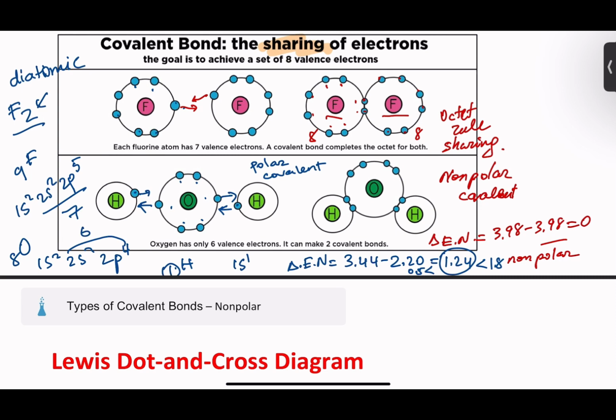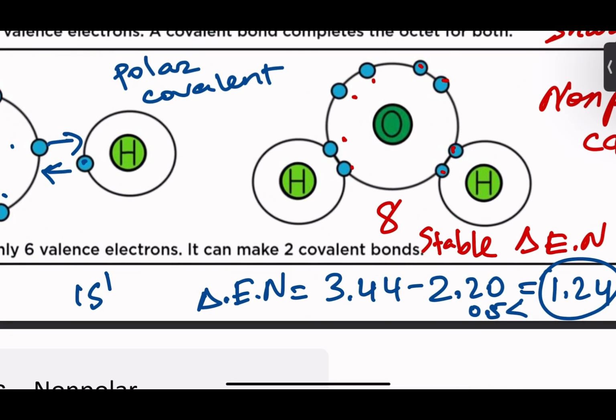So now look at the number of electrons around oxygen. I got 1, 2, 3, 4, 5, 6, 7, 8. Octet rule completed. Okay, so stability gained, stable. And then hydrogen cannot have more than 2 electrons around it because it's a first period element. So for hydrogen, the stability is not the octet rule.